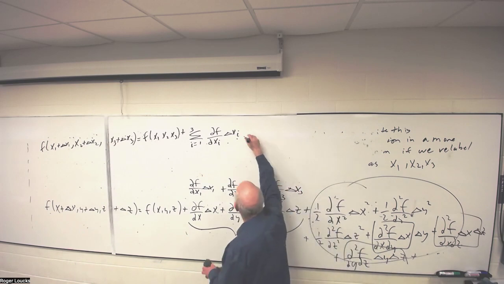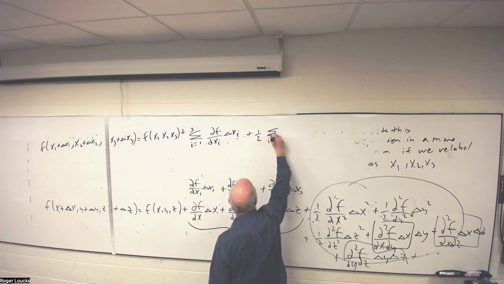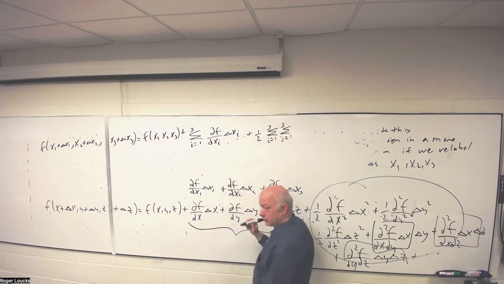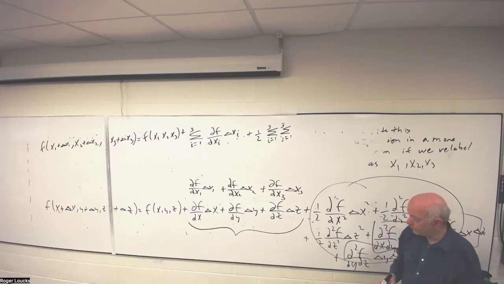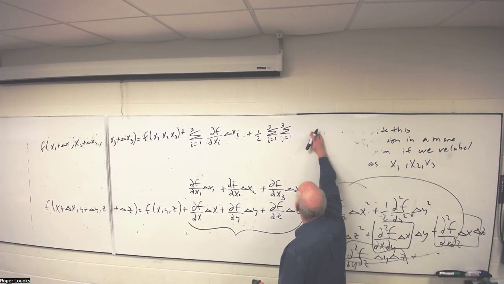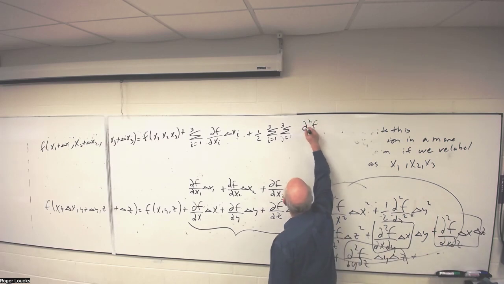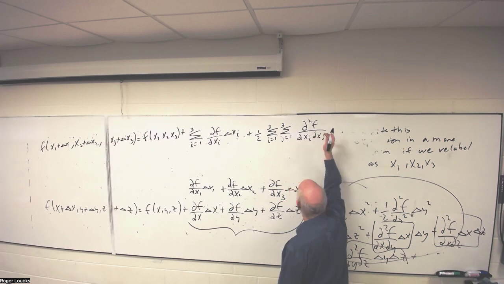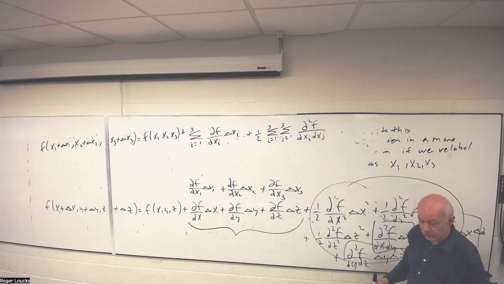Yeah, I'm going to have a plus, I'll have a half. I have the sum on i going from 1 to 3, sum on j going from 1 to 3, of what? Partial f with respect to xi and xj, so second derivative with respect to xi, xj, times delta xi, delta xj.